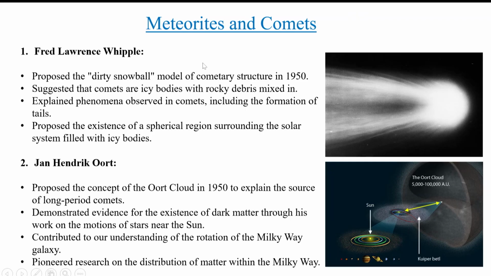Now it's time that we look into another important feature in our solar system, the presence of meteorites and obviously comets. The first astronomer, Fred Lawrence Whipple, proposed the dirty snowball model of cometary structure in 1950, and he suggested that comets are icy bodies with rocky debris mixed within, and explained the phenomena observed in comets, including the formation of the tail.